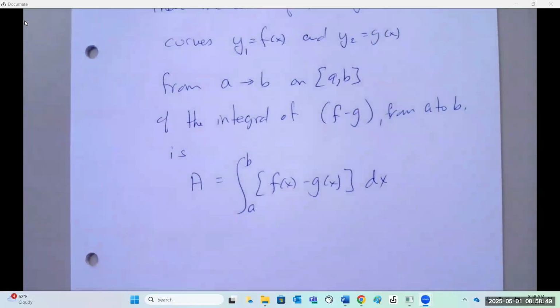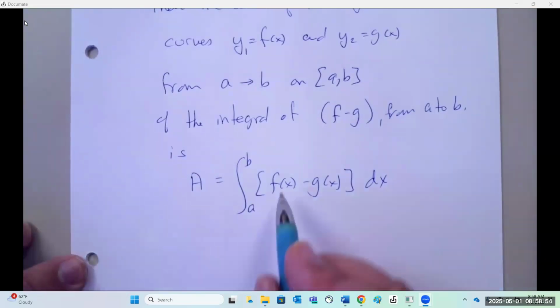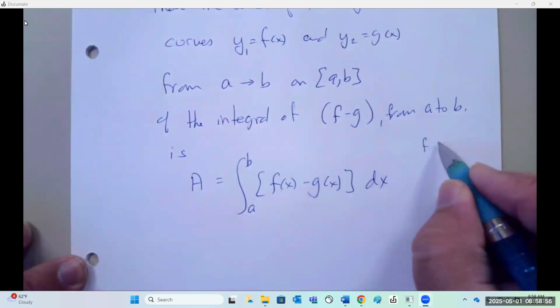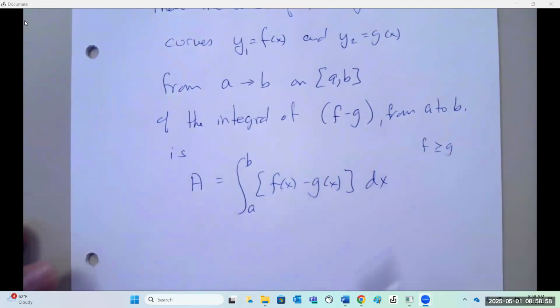There's the definition of it. And it's important because it said that f of x has to be bigger than or equal to g of x.